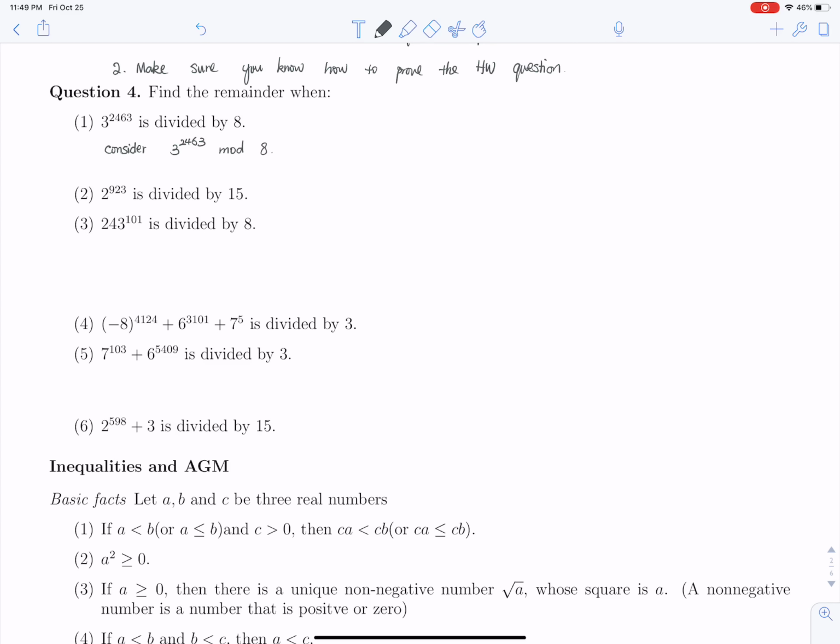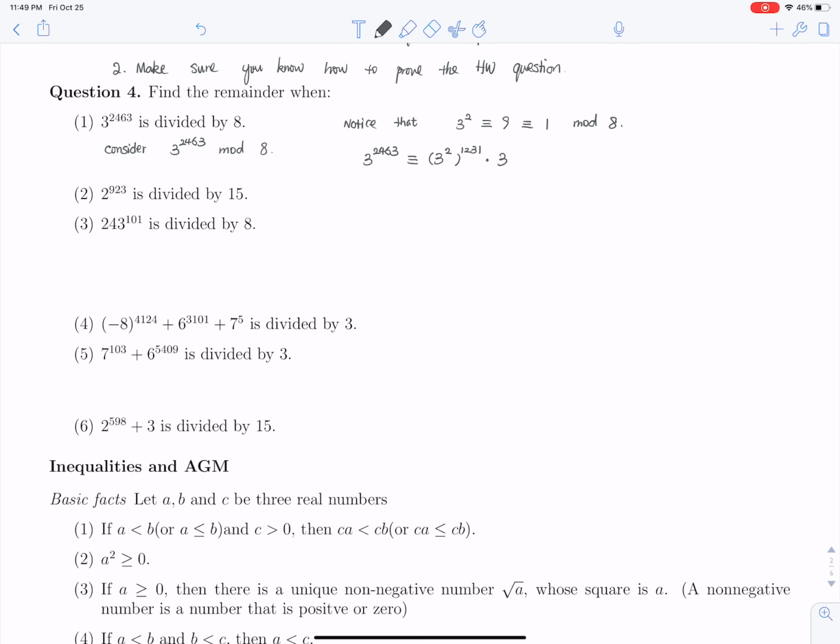So for this question, notice that 3 to the power of 2 is 9, which is congruent to 1 in mod 8. Now we can write 3 to the power of this huge number as 3 to the power of 2, the whole thing to the power of 1231, times 3.